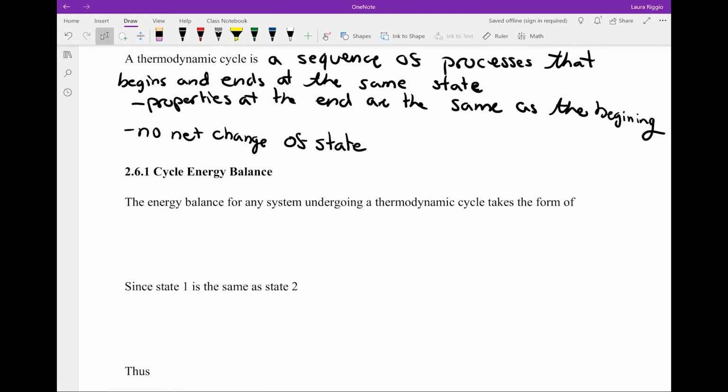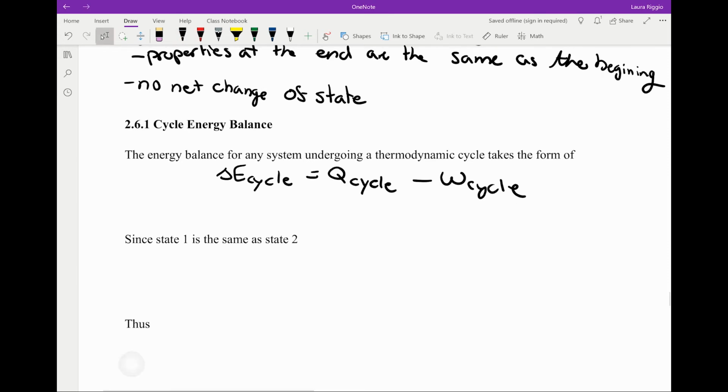So we're going to look at the energy balance for cycles, and the energy balance for a system undergoing the cycle takes the form of my change in energy for the cycle is equal to my net heat for the cycle minus my net work for the cycle. Since our beginning and end state are the same, our change in energy for the cycle is equal to 0.